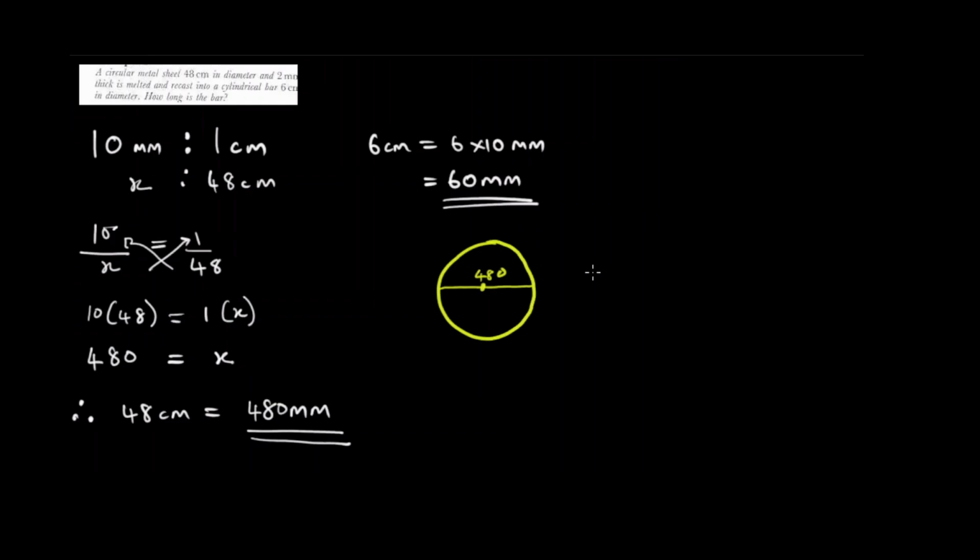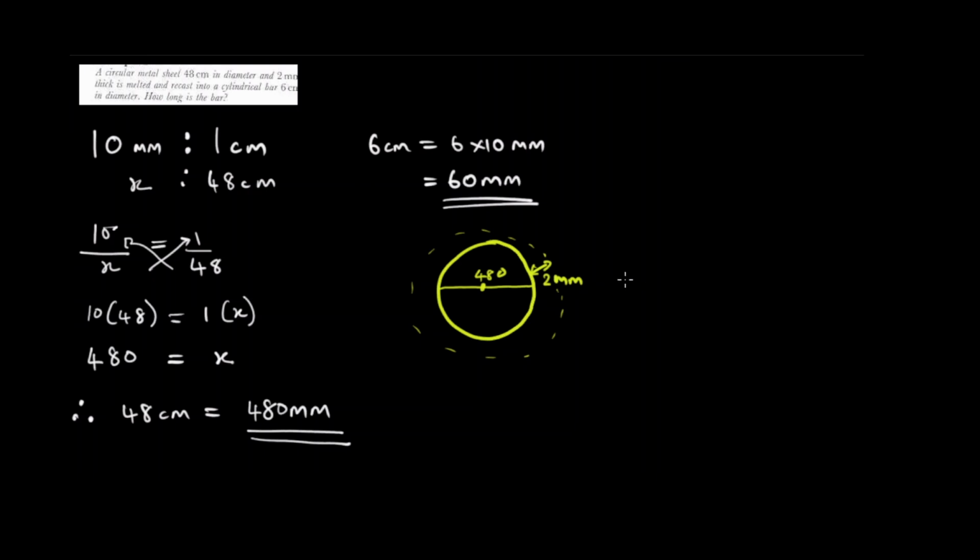So it's 480 millimeters in diameter, and it has a thickness. It's 2 millimeters thick. I don't know if I'm going to be able to really represent the thickness, but let me just try. It's just 2 millimeters thick, and you can trace it like this. Since it is melted and recast into a cylindrical bar, this cylindrical bar is 6 centimeters in diameter.